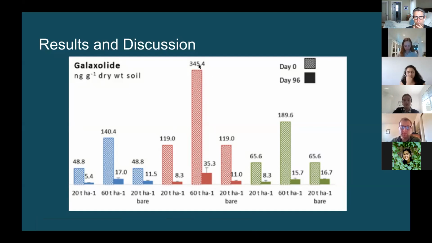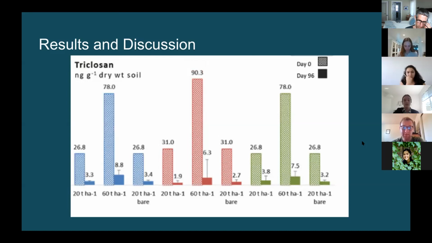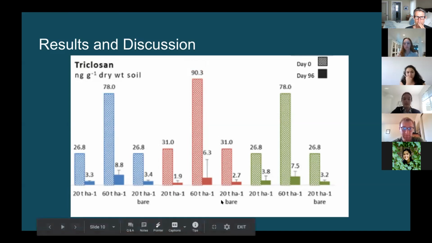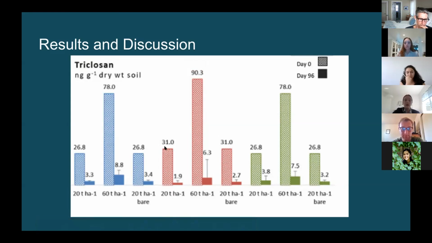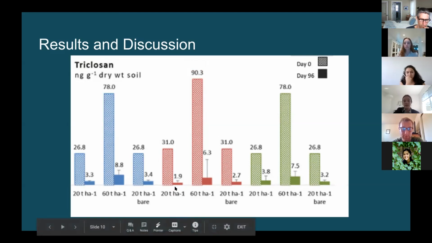And these values are in the hundreds compared to triclosan, which is another organic contaminant that we'll be looking at. So again, we're focusing on sludge B, and here we have the different amounts of the sludge mixed into the soil, and we have day 0 of the amount of triclosan in nanograms per gram of dry weight soil compared to day 96.